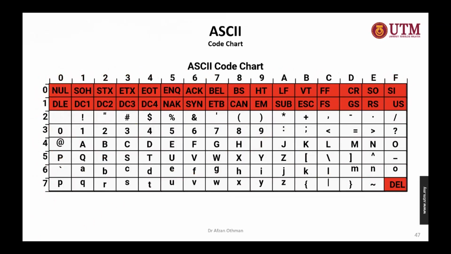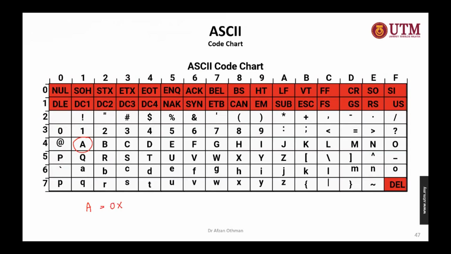For example, I'm going to press A on my keyboard. What will be the code that is sent to the processor? Capital A is actually here. So when you press A on the keyboard, the number 41 will be sent.